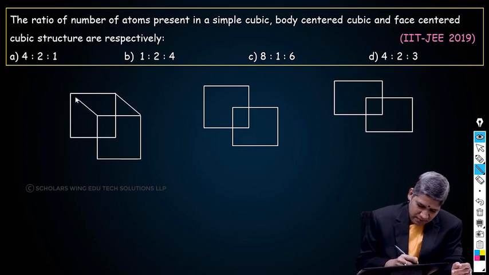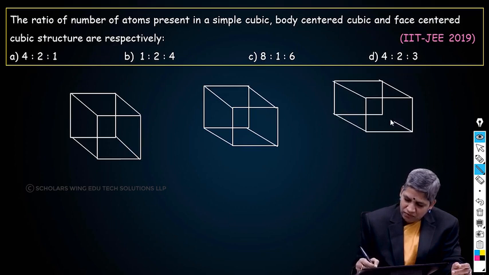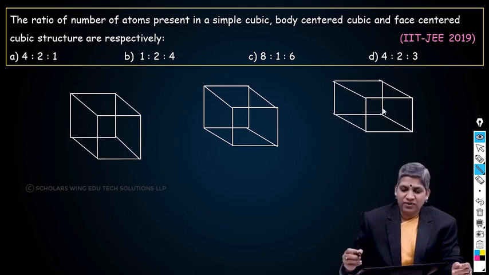In simple, just try to recall. We have atoms only at the corners, right? In BCC, you have them at the corners as well as in the center of the body of the entire unit cell. And in FCC, as we know, they are at the corners as well as at the centers of every face.